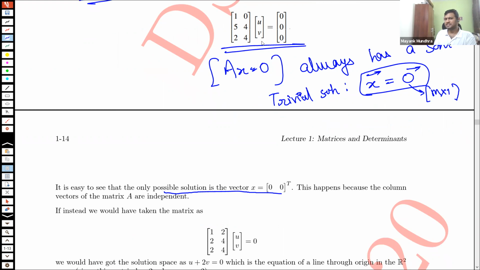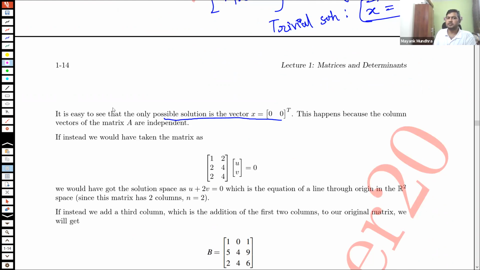So for this particular matrix A, the only solution is x equals 0. Now this happens because the column vectors of matrix A are independent.